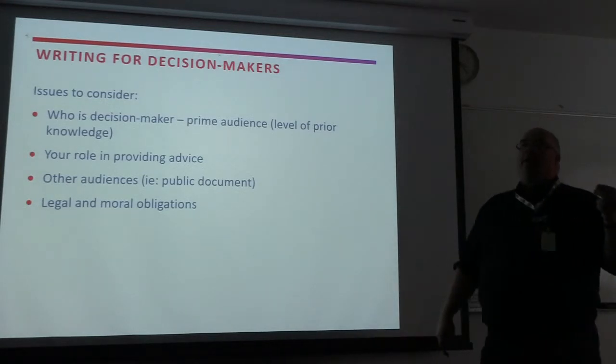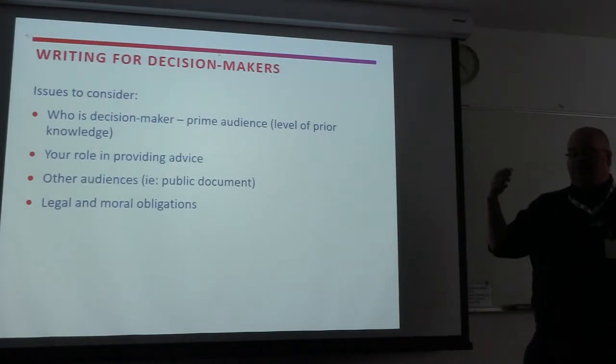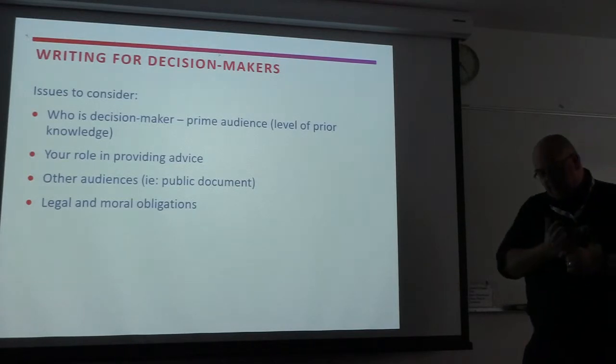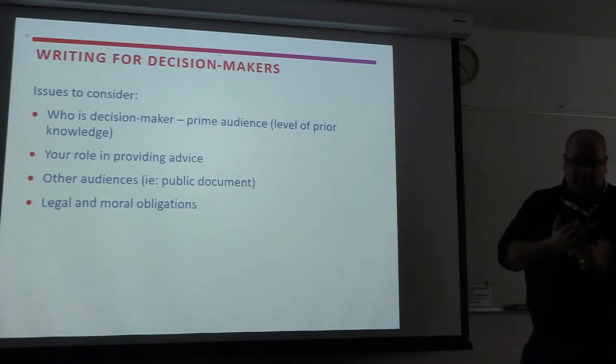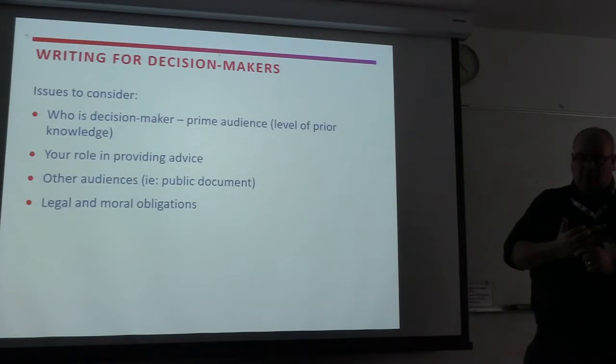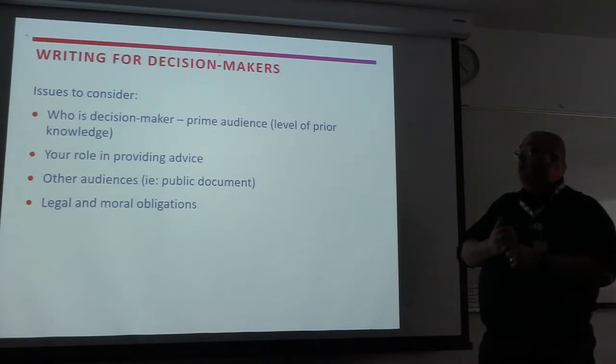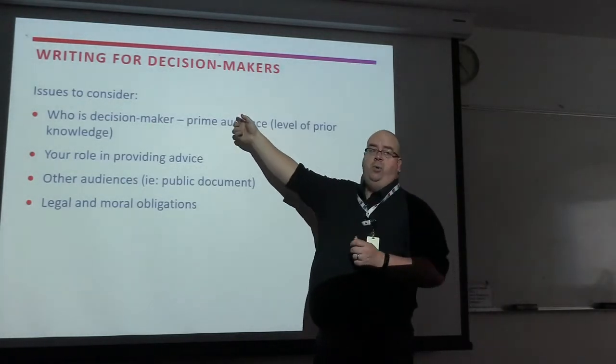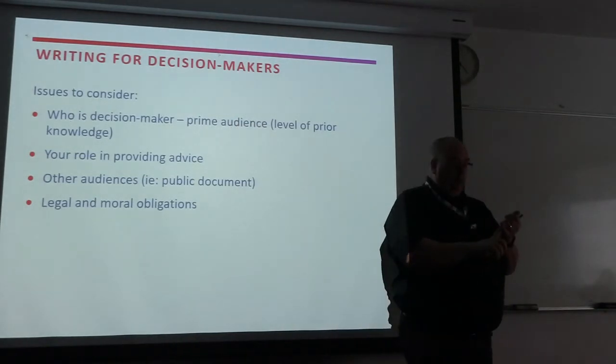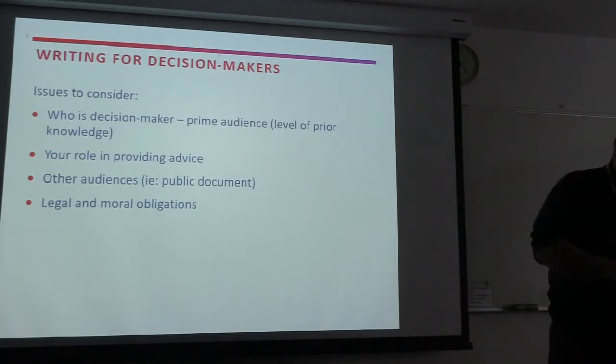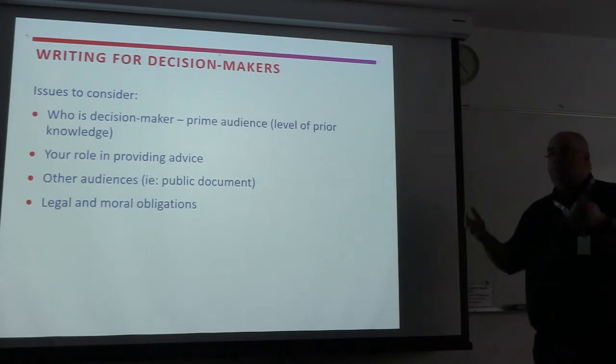And the key thing when I was working at council, when I was having to do all the reviews of the agendas before they got published, was who am I writing for? Who's my prime audience? Now, I could be writing a letter to Mrs. Smith, Mr. Smith, who's written a letter to me asking something for their audience.